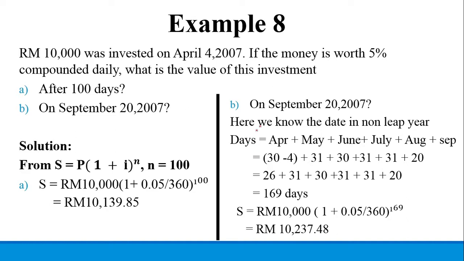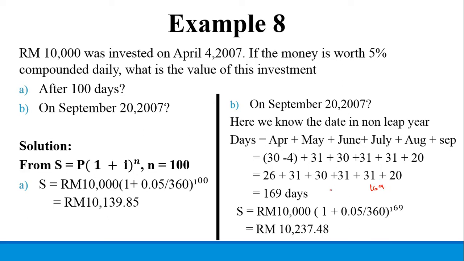And how about on September, when they give you a date. I need to calculate it using a calendar: how many days. May is 31 days, June 30, July 30, August 31, September 20. You calculate that until you get 196 days. How do you find that?